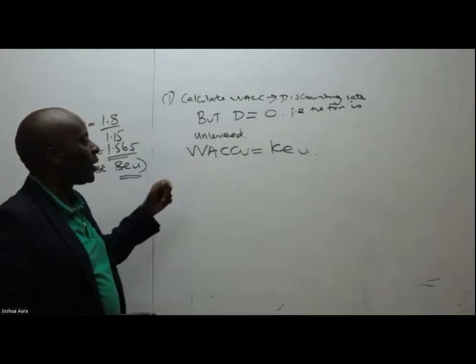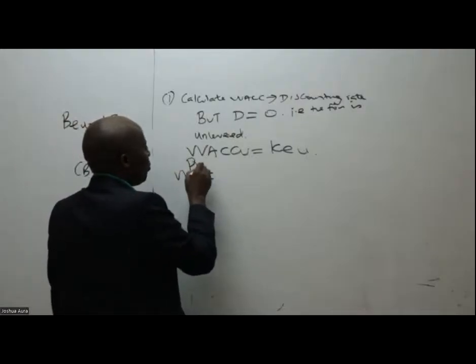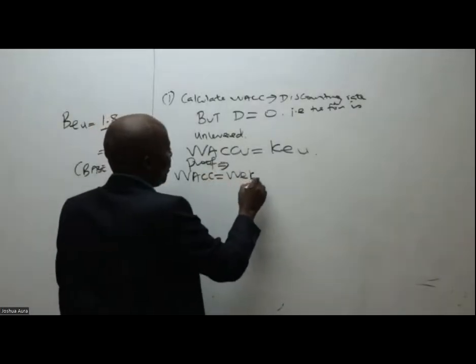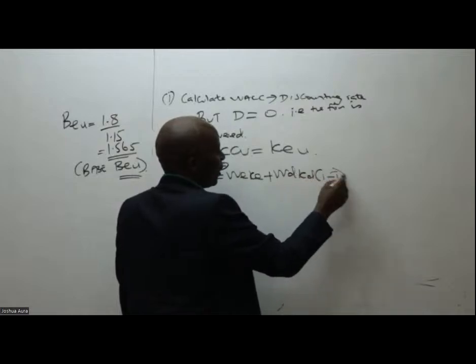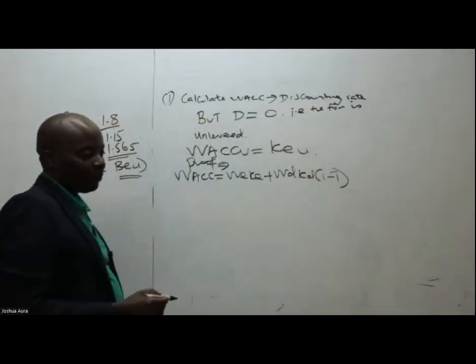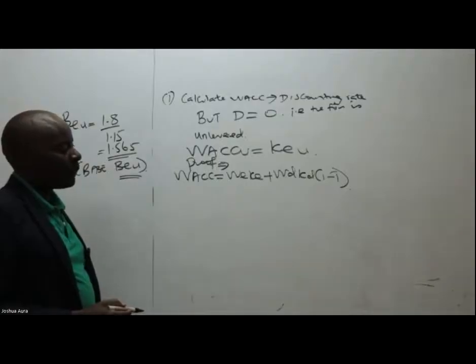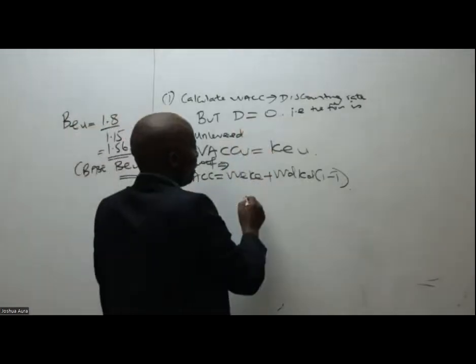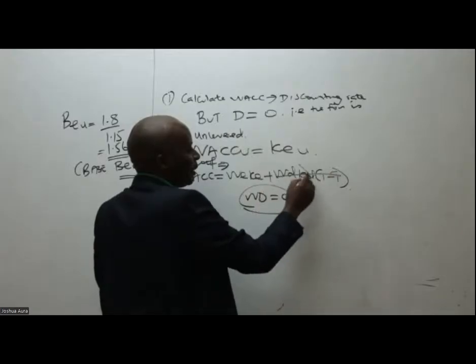And we can prove this. To get WACC, we take weight of equity times cost of equity, plus weight of debt times cost of debt, times 1 minus tax. So remember that if debt is 0, then automatically weight of debt will be 0. And if weight of debt is 0, this kills everything there.